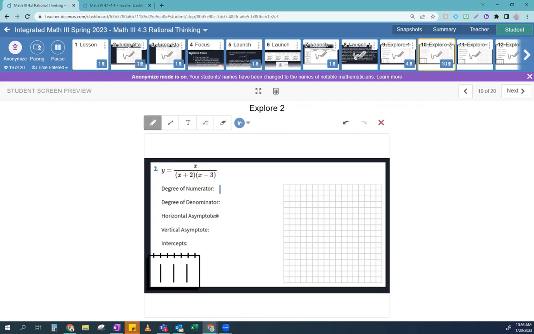Denominator, don't get tricked. Yes, it's a 2. Some people are like, Ms. Johnson, it's a 1. Look, they both are 1s. Yes, but x times x is x squared, right? So everybody comfortable with this first part? Any questions on numerator, denominator, degrees?